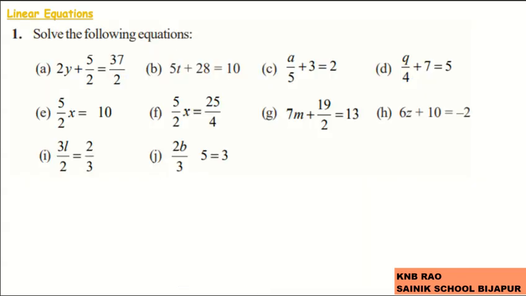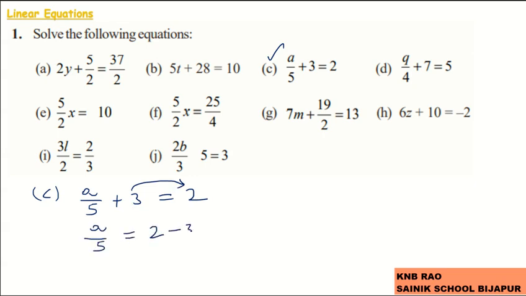Then coming to the next, in question number C, I will not write all the working steps, I will give you only the hint. In the case of C: a by 5 plus 3 equals 2. First we will transpose 3, which gives you 2 minus 3.